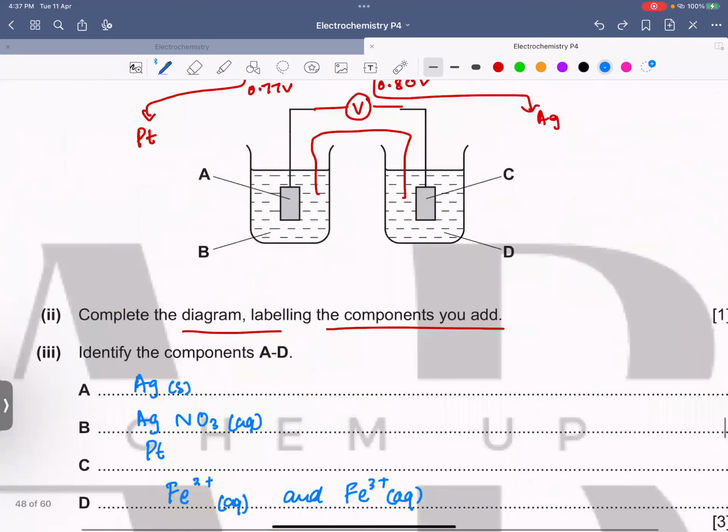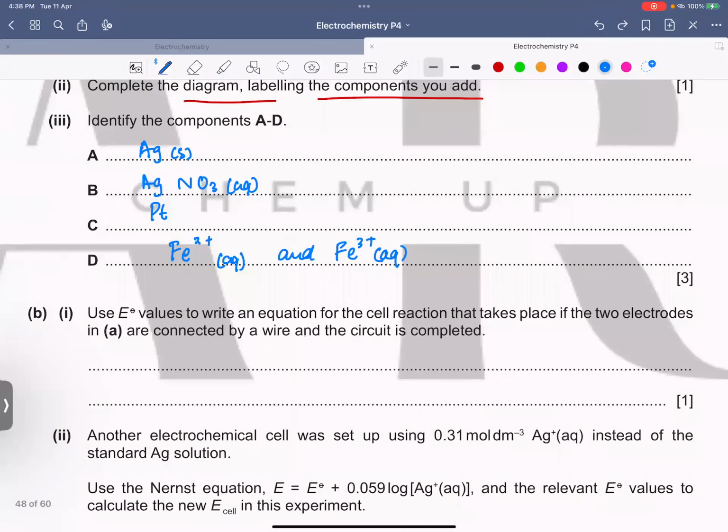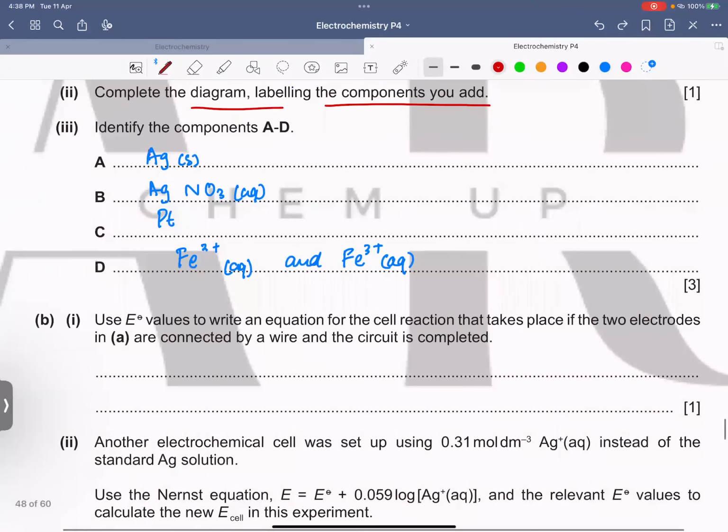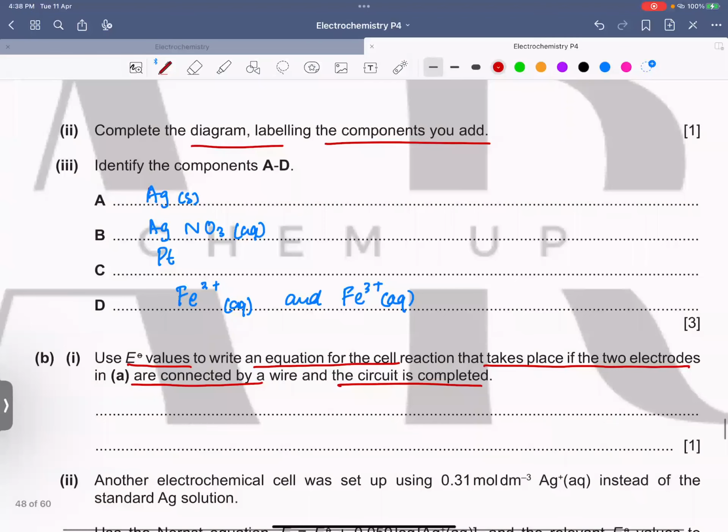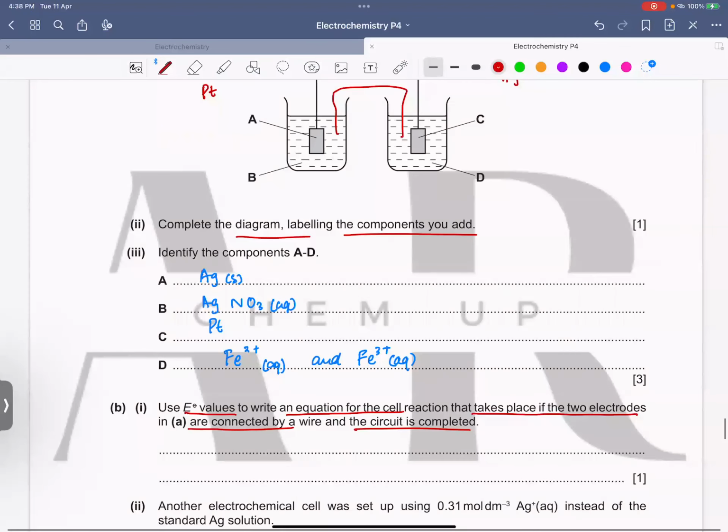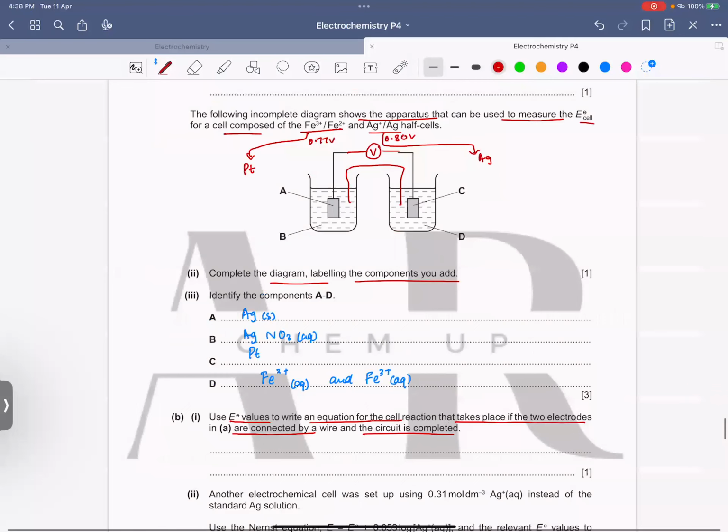Now what are they saying? Use E naught values to write an equation for the cell reaction that takes place if the two electrodes are connected by a wire and the circuit is completed. I think now it's easier to write. It's 0.8 and it's 0.77.